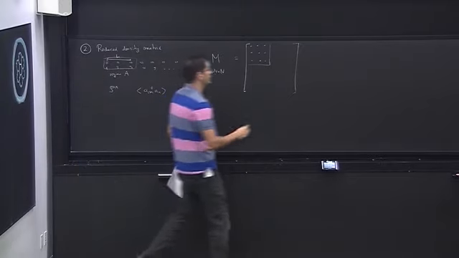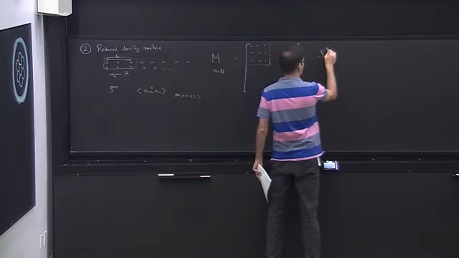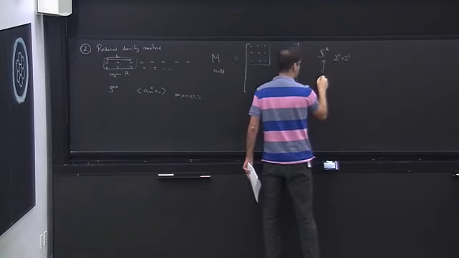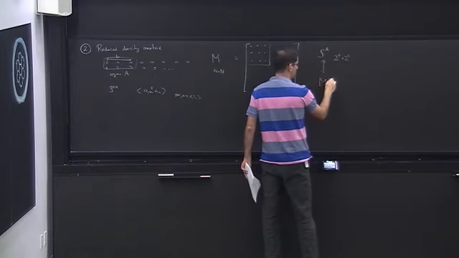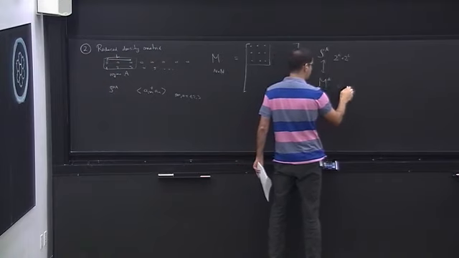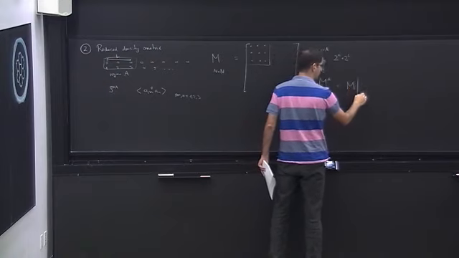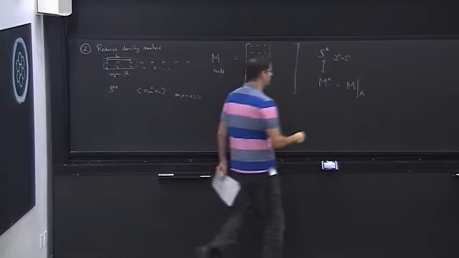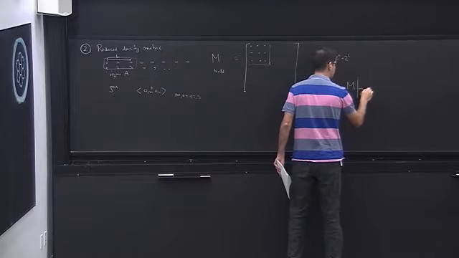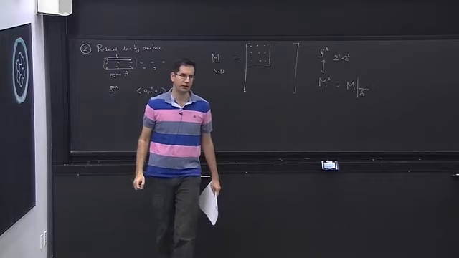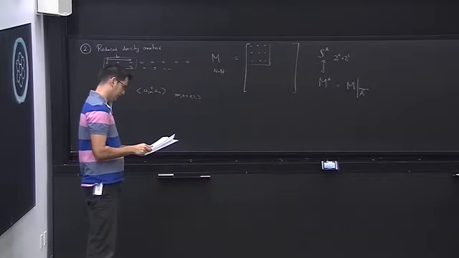What I'm saying is that the reduced density matrix for part A is represented, and this is 2L times 2L, by a new correlation matrix M_A, which is nothing but M restricted to part A. We restrict M to region A. So we just take a submatrix. Okay? Very good.